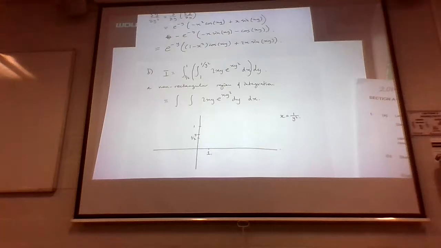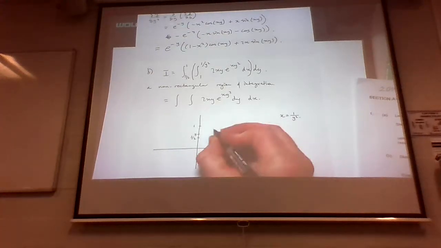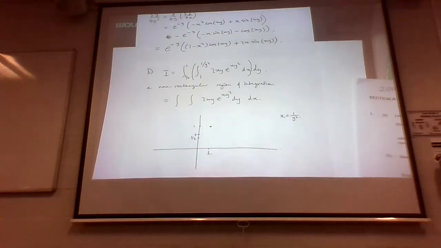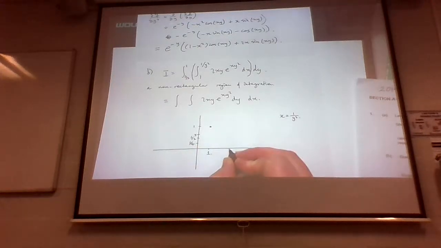So let's get a point that it goes through. It does go through the point 1, 1. And what's another point it goes to? When x is 2, y is a quarter. So a quarter is down here. When x is 2, just to draw it reasonably correctly, y is a quarter.